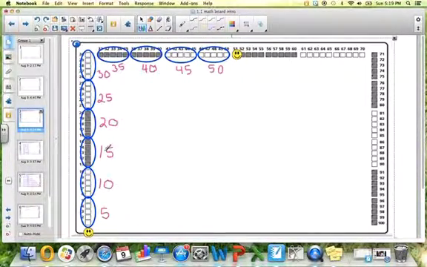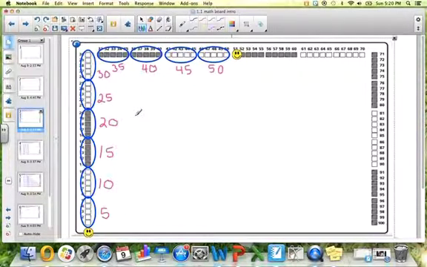Then if we went up again, we'd have 3 groups of 5, which is 15. And then 4 groups of 5 is 20. Is that making sense? I hope it is. So 5 groups of 5 is 25. So if we counted each group, 1, 2, 3, 4, 5 groups of 5, that's 25. So super easy, you're just using a pattern almost.